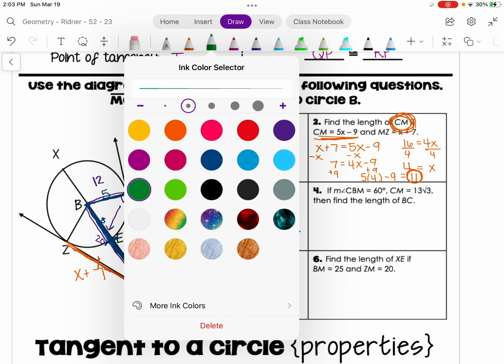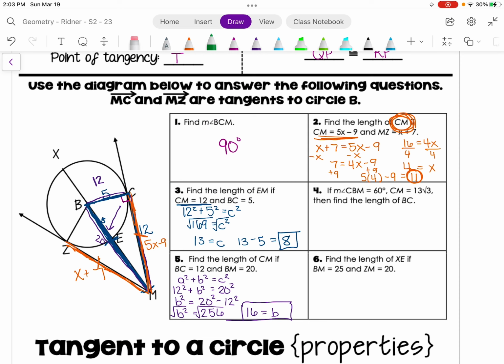All right, picking a different color here. If CBM is 60, that means we have a 30, 60, 90 triangle here. And the long leg is 13 square root of 3. We want to find the short leg. So remember, long leg always equals short leg times square root of 3.